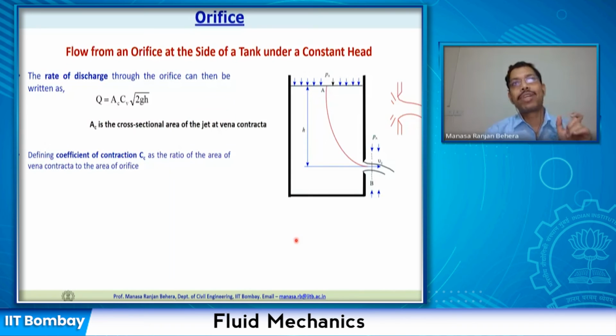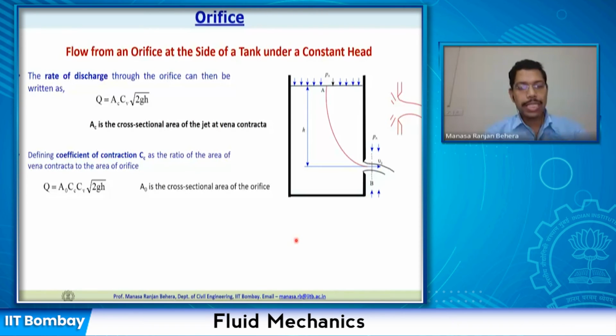Coefficient of contraction is Cc, and the relation we already know. So we can write down Q equals A0, the area of the orifice, multiplied by coefficient of contraction Cc multiplied by coefficient of velocity Cv square root 2gh. Now this Cc and Cv together is going to give us Cd, that's the coefficient of discharge.